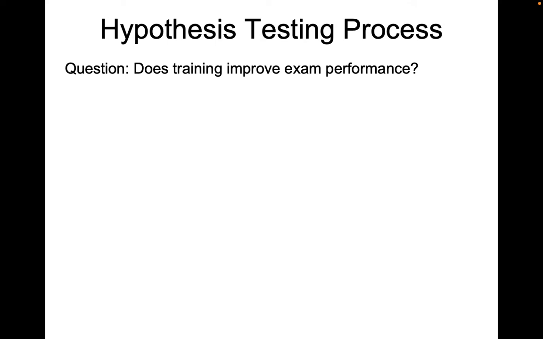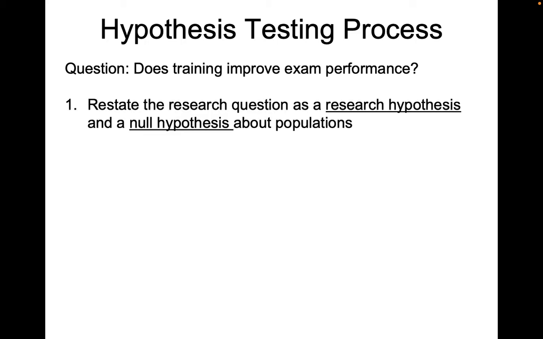So the first step in the process is to take the research question and restate it as a research hypothesis as well as a null hypothesis about populations. So our research question in this case was, does the training improve exam performance? And we're going to restate that into a research and a null hypothesis about populations.